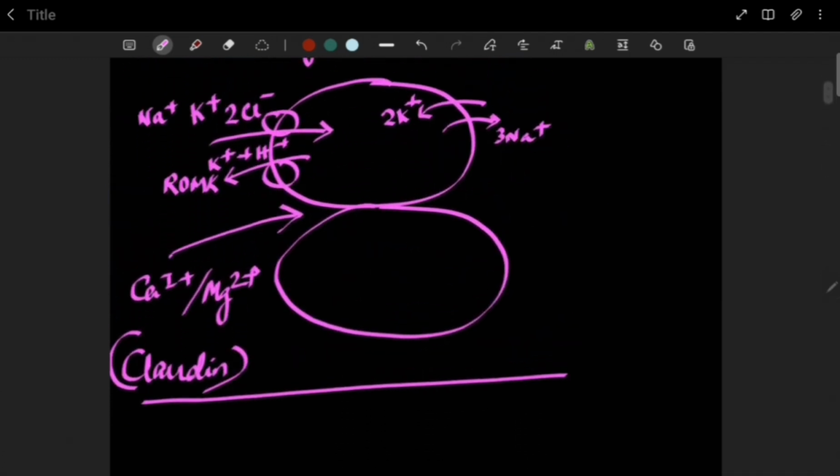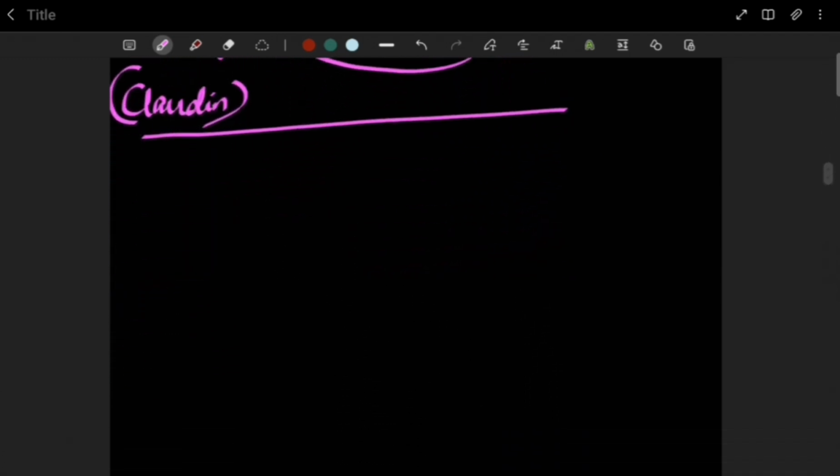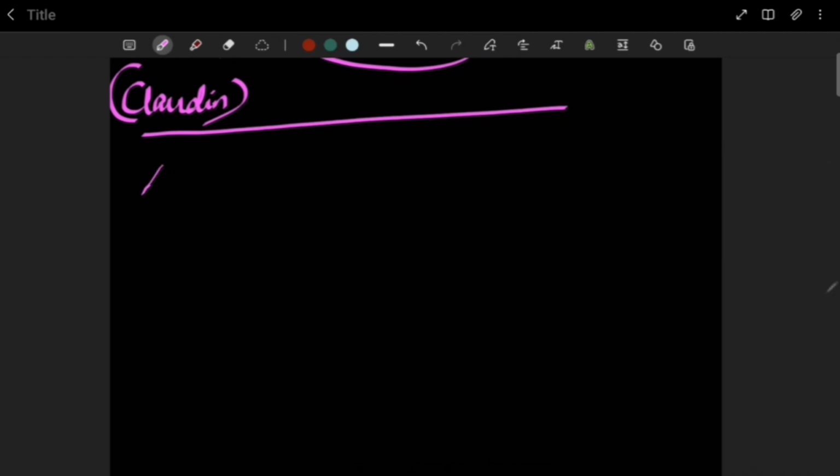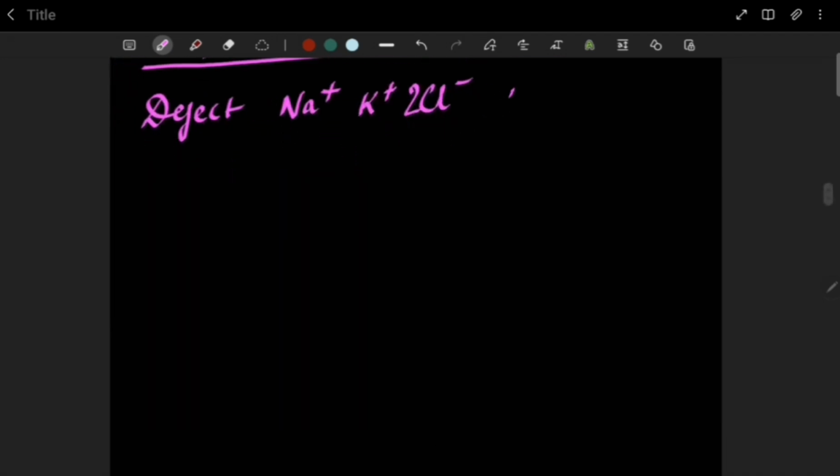But in Bartter syndrome, there is a defect in the sodium potassium 2 chloride channel. Now, if there is a defect in this sodium potassium 2 chloride channel, what will happen?